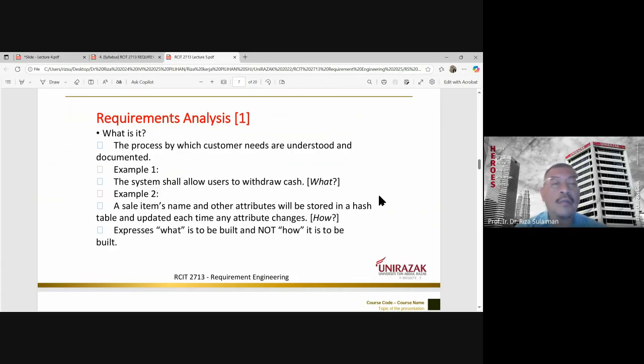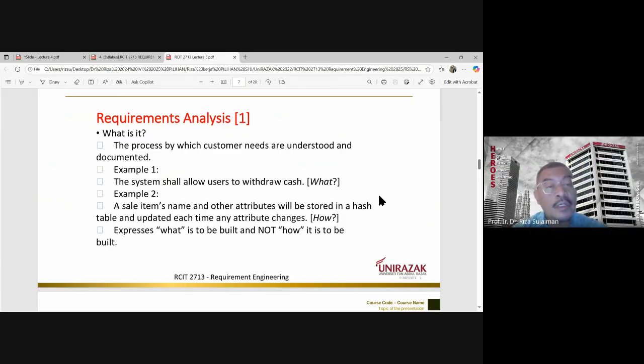Example one: the system shall allow user to withdraw cash. The stakeholder does not know what this means, right? Because the programming is being done by you, and you are going to prepare the system to produce the behavior of the system to withdraw cash for the user, right? So not enough information for the stakeholder or the customer.